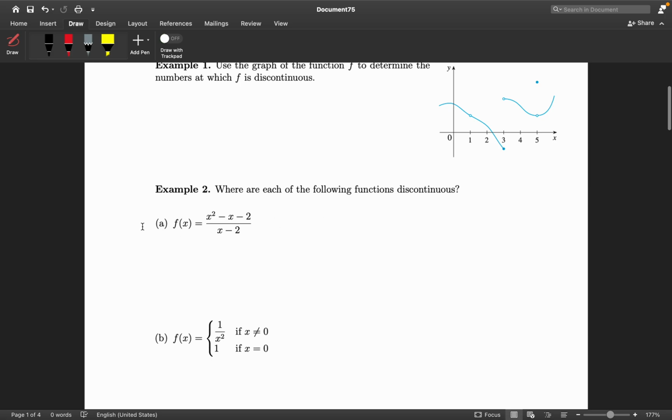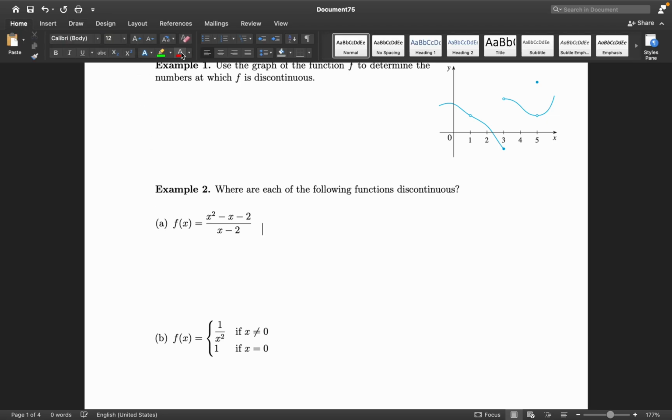If I were to look at something like this problem, f of x equals x squared minus x minus 2 over x minus 2, well, I can take this and I can factor that and say f of x really equals x minus 2 times x plus 1 over the quantity x minus 2.